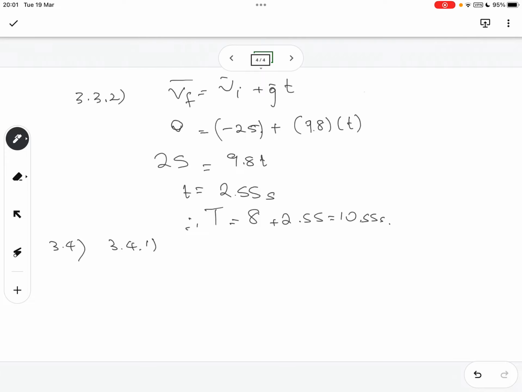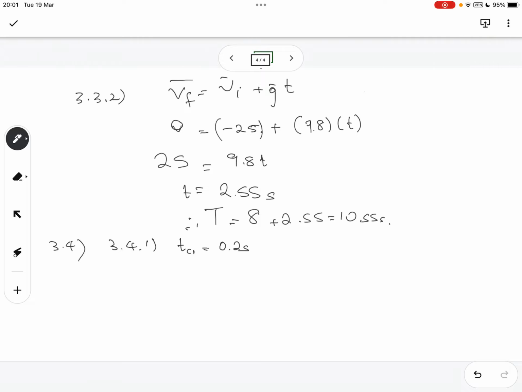Then 3.4.1, we've already answered that. What time was the ball in contact with the floor? We'll call the part between 2 seconds and 2.2 seconds the time of contact, TC1, which is 0.2 seconds.